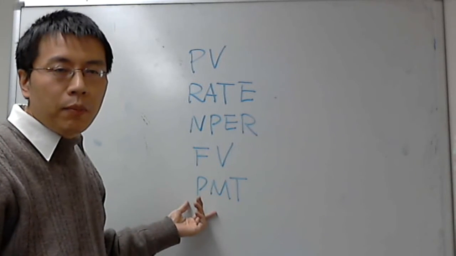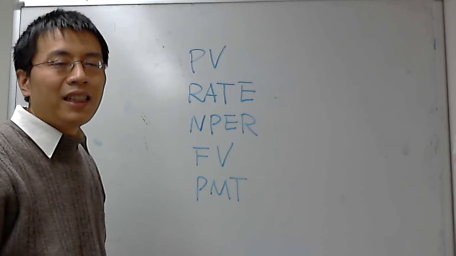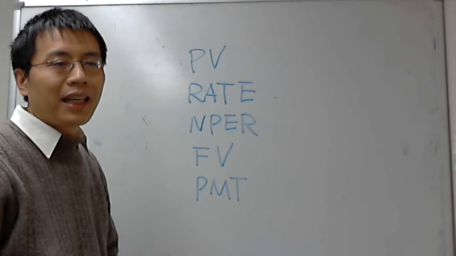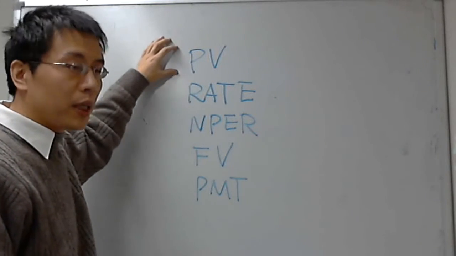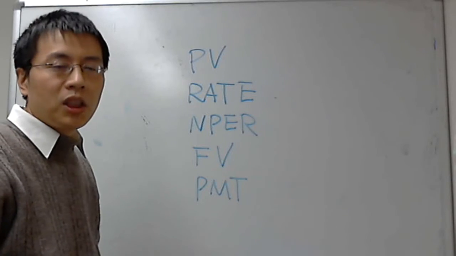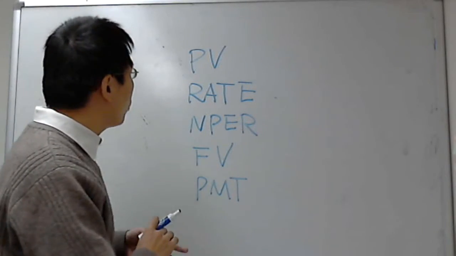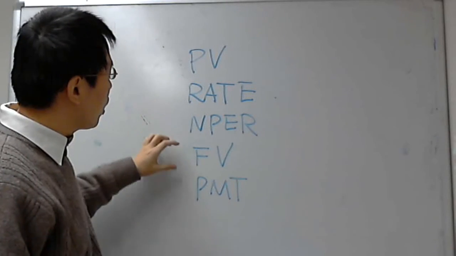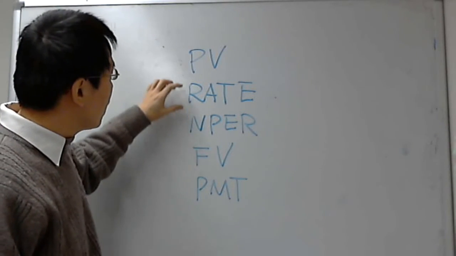PMT, which is payment, represents the cash flow over the investment period, the cash flow besides the beginning balance and the ending balance. Up until now, we deal with a single cash flow. So we make one deposit, we wait for some time, earn some interest.